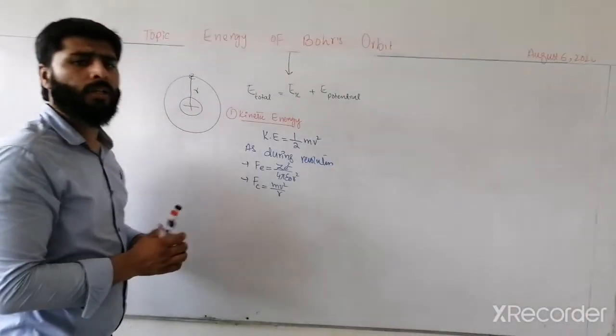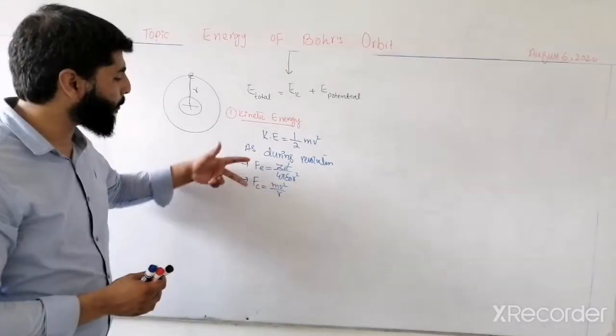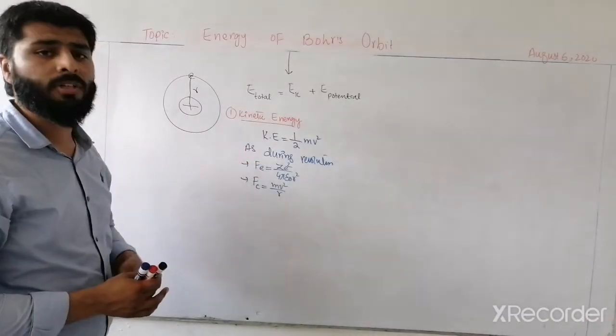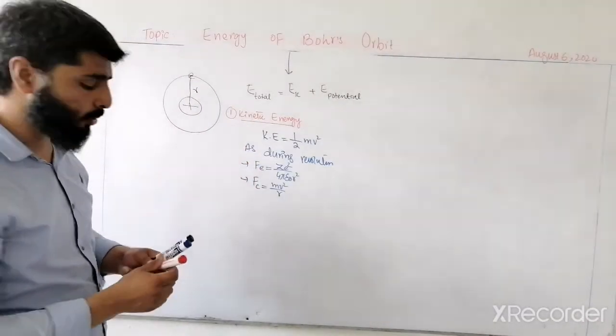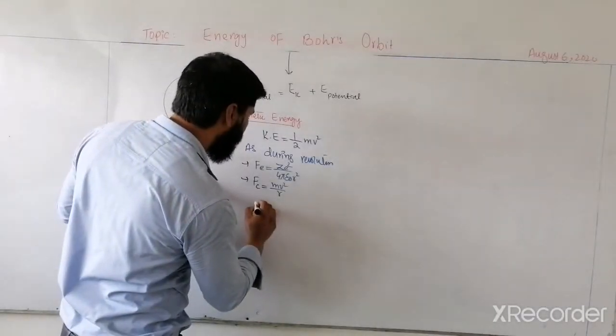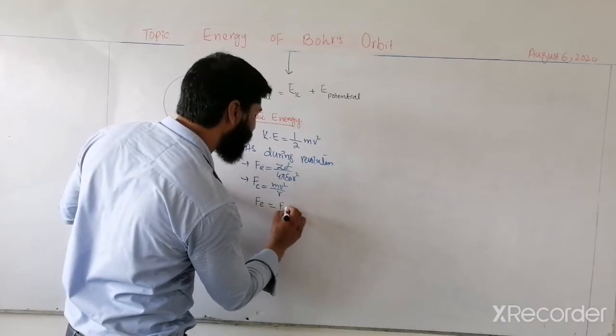As the whole motion of the electron around the nucleus in a specific orbit is controlled by these two forces, and the magnitude of these two forces will be equal to each other according to Rutherford's concept, therefore we can say that Fe is equal to Fc.